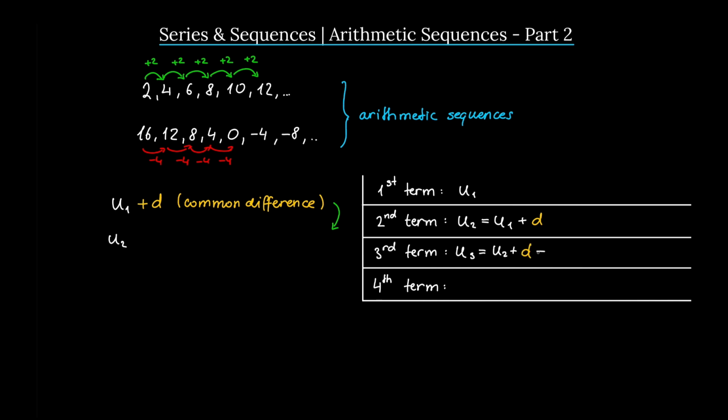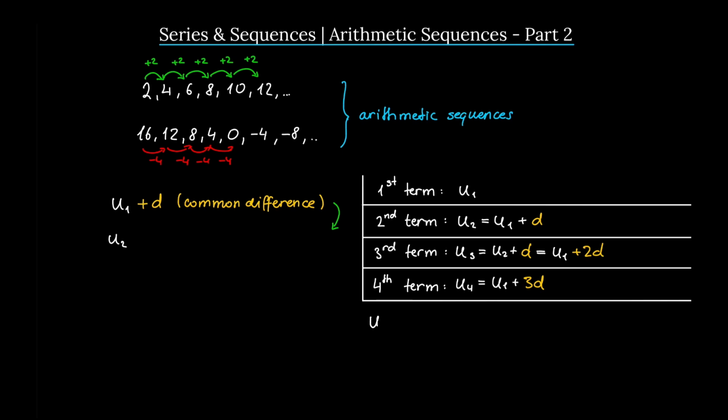However, there is another way that you can write this with u1. You can write this as u1 plus 1 difference and plus another difference. So technically, it's just u1 plus 2 differences. And we can keep this going. u4 is equal to u1 plus 3 of these differences. But I think you have already noticed the pattern.